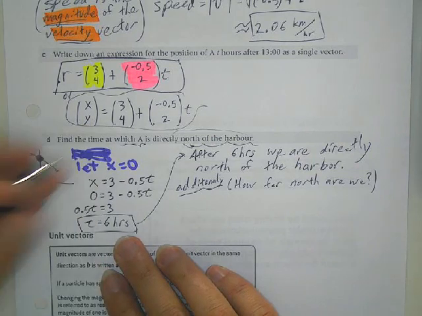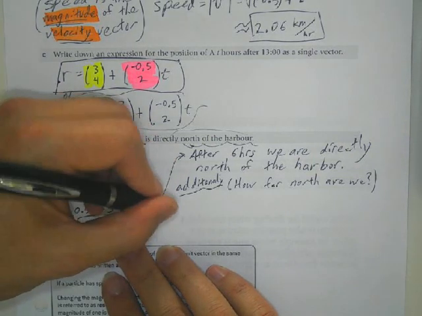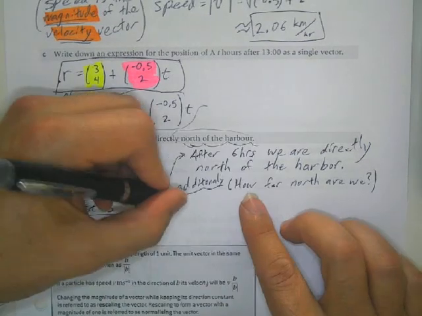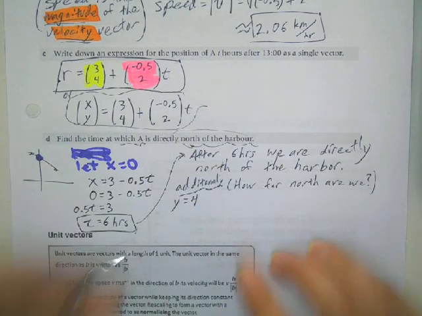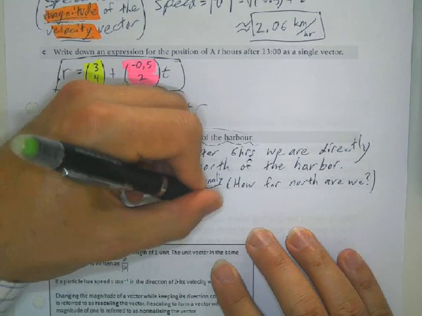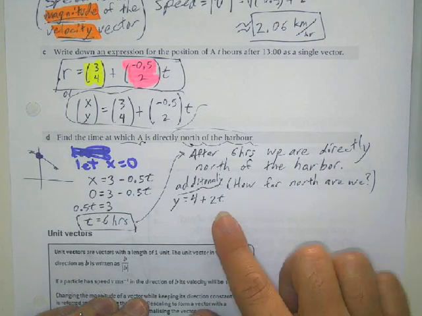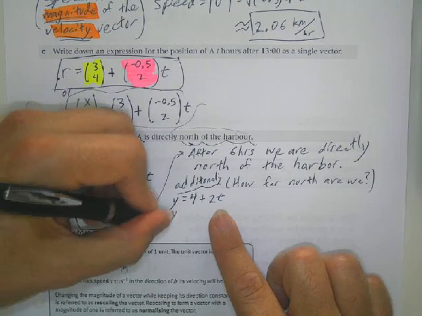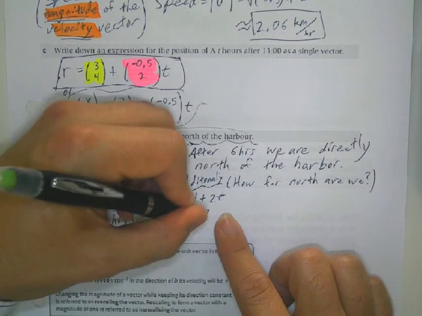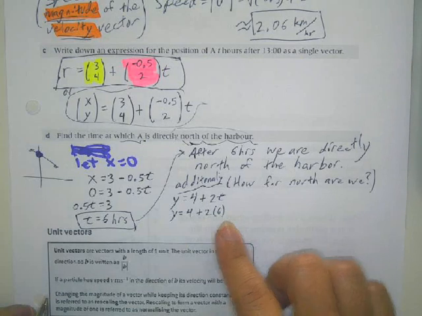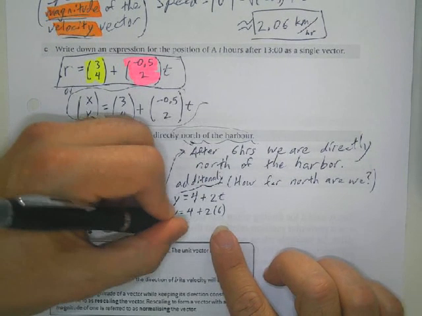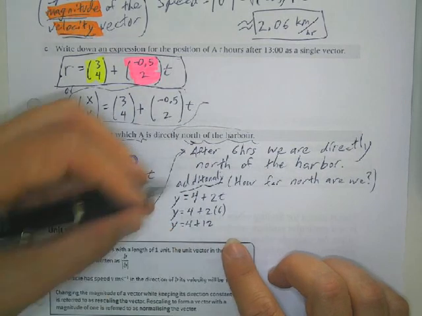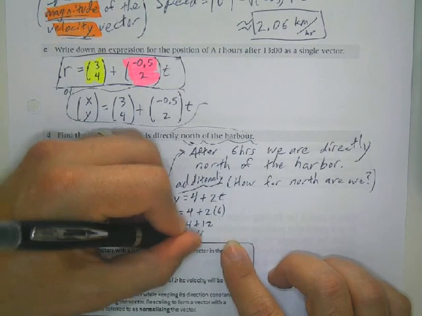So then I would say y equals 4 plus 2t, and I'm going to plug in 6 for t, and I would say y equals 4 plus 2 times 6, because y tells us how far north we go. So y equals 4 plus 12, y equals 16 kilometers.